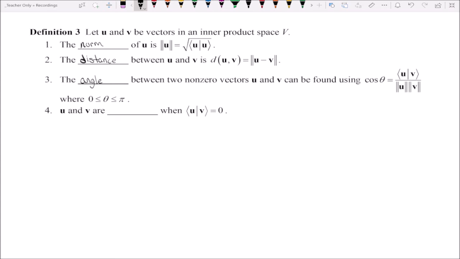The angle between two non-zero vectors u and v can be found by using the relation cosine of theta is equal to the inner product of u with v all over the norm of u times norm of v. And we take theta to be between 0 and pi. Finally, we say that u and v are orthogonal when the inner product of u with v is equal to 0.